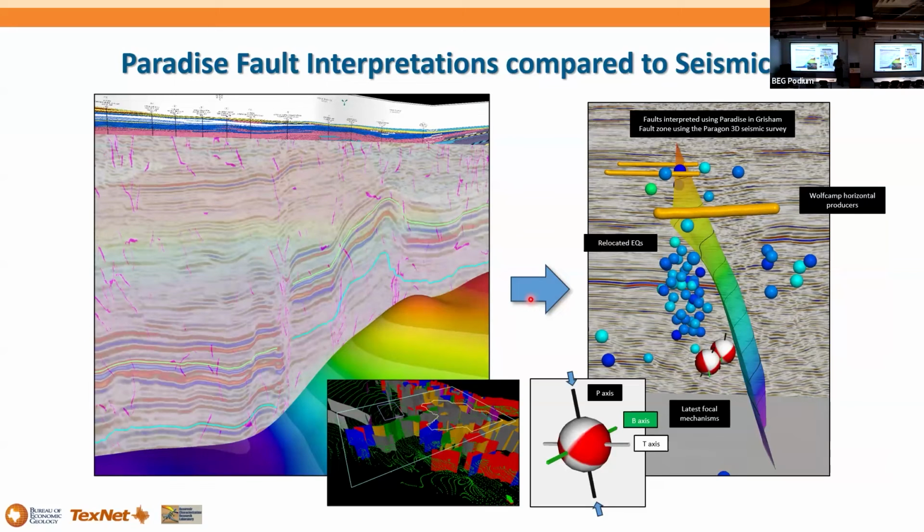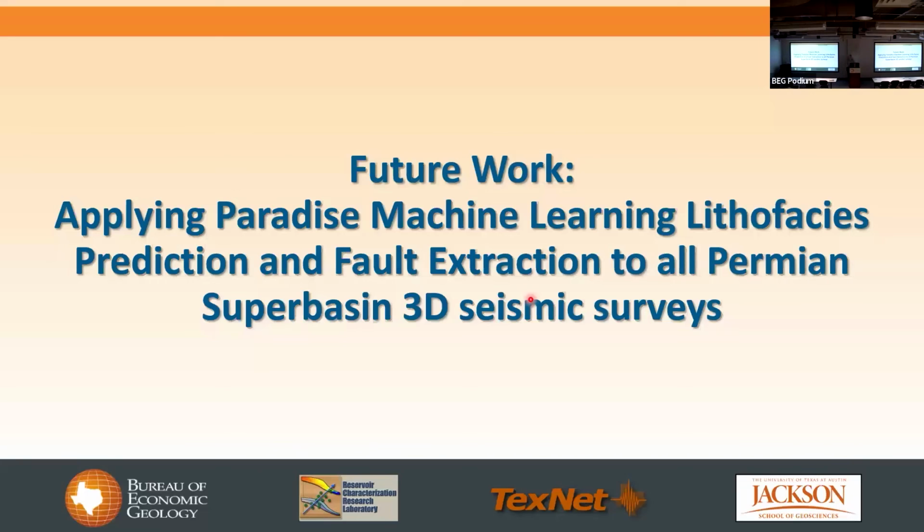And he uses machine learning in order to find even more detailed seismic events in the subsurface, which relate to induced seismicity, which in turn relate to faults. So we bring that data together with the results from our Paradise fault extraction in order to corroborate, compare, and in many cases validate either the interpreted faults or the seismicity locations.